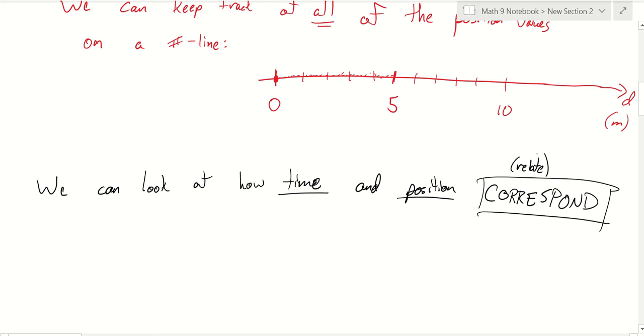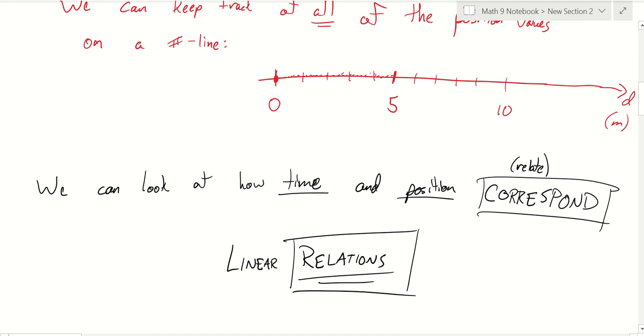Remember, this is really a chapter called linear relations. So we're looking at how different measurements or different quantities are related to each other.